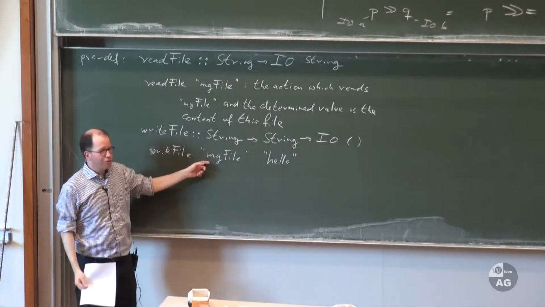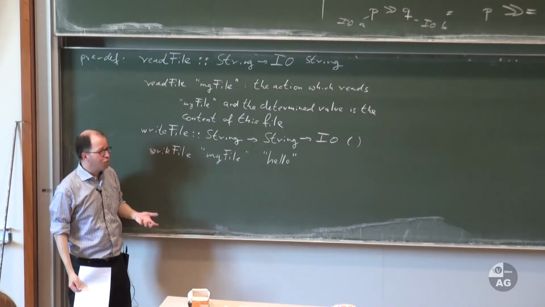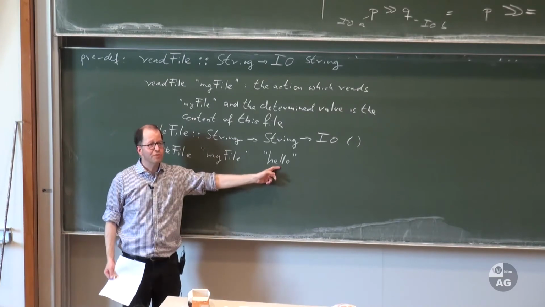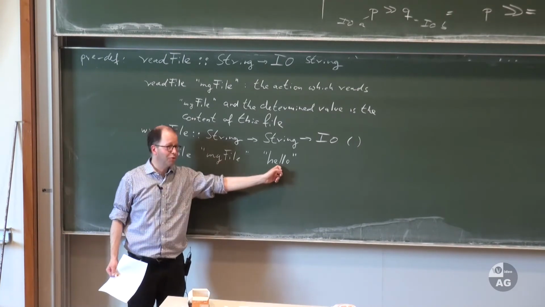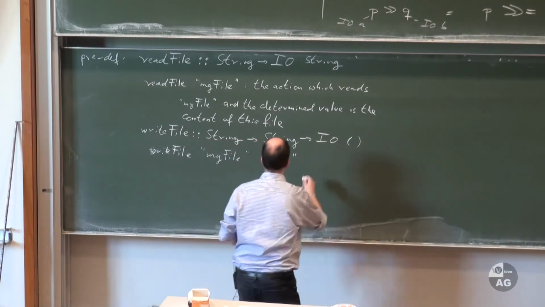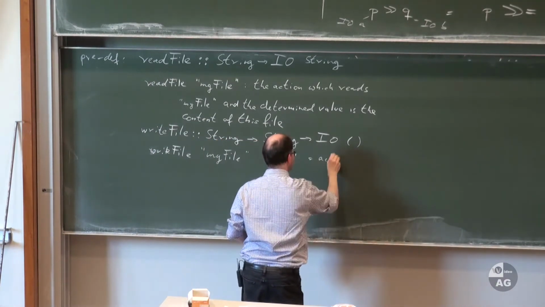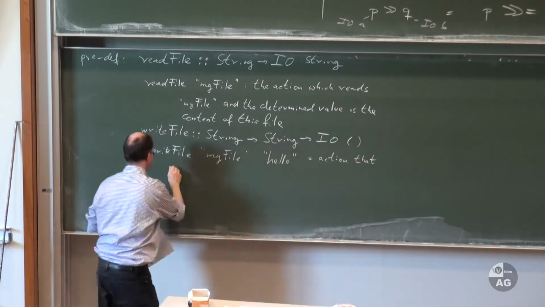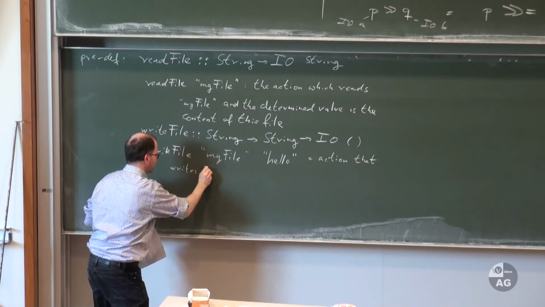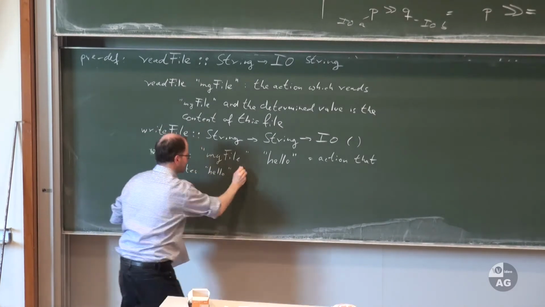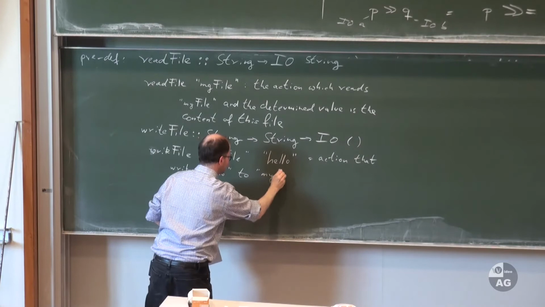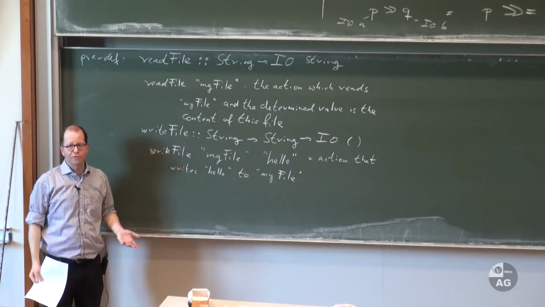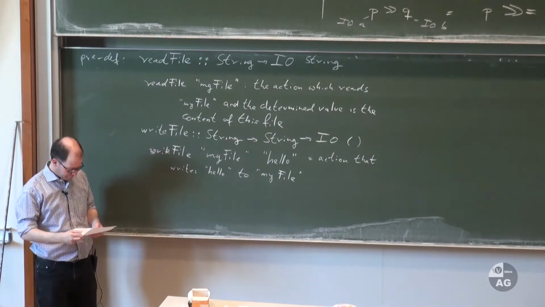The value of this is the action which overwrites the previous content of this file with the word hello. So then afterwards in your my file you have the word hello. So it's the action that writes hello to my file. So the same concept as for input and output with the screen and the keyboard.